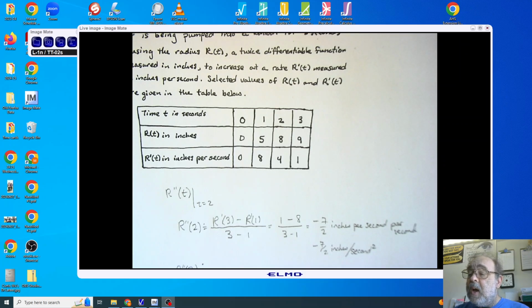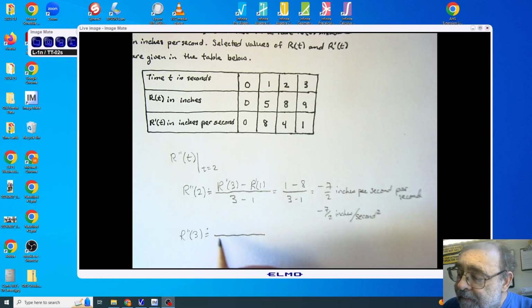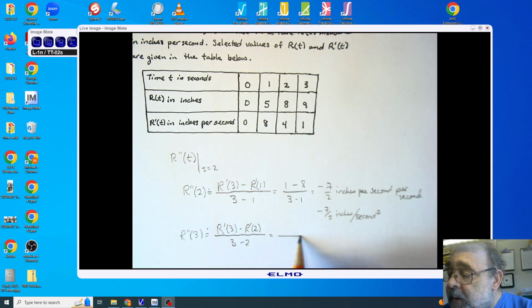But sometimes a chart like we have here does not give me the value of 4, which means that I have no choice but to use r prime of 3 minus r prime of 2 over 3 minus 2. As a result, I'm now using my 1 minus 4, and I'm dividing by 3 minus 2.